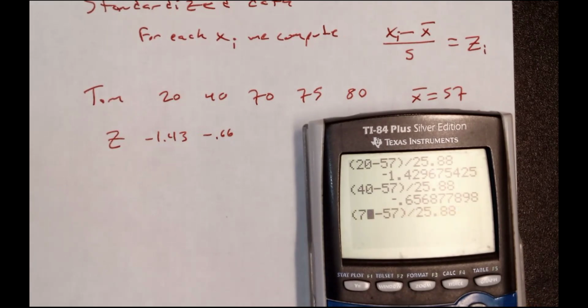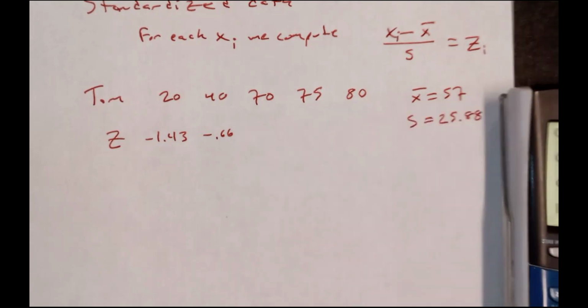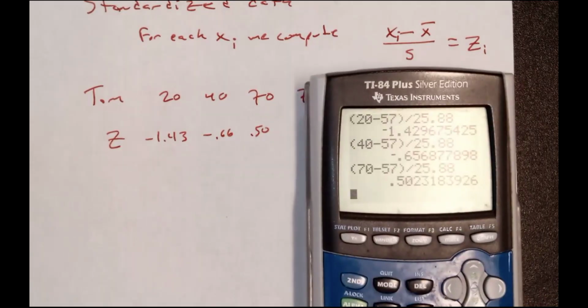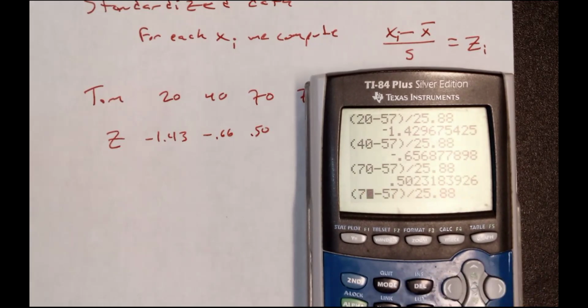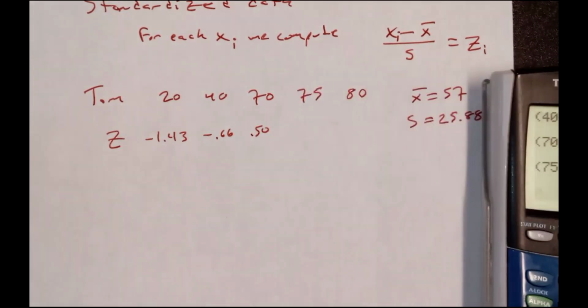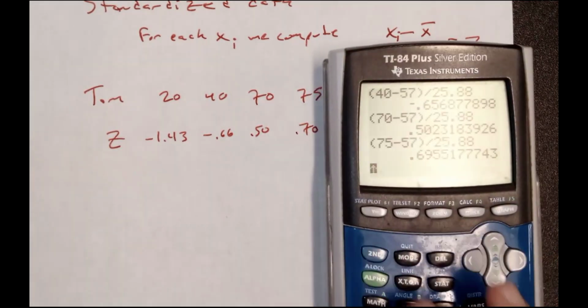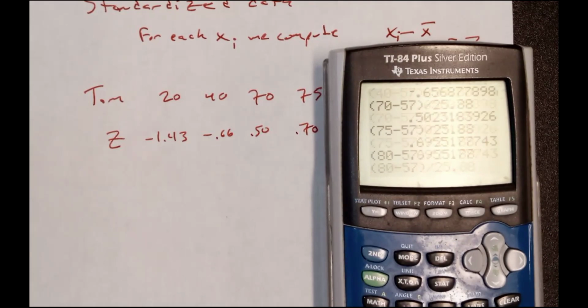I'm bigger than the average, so the numerator here is a positive number, 0.50, 75, 0.6, I'll call it 0.70 because it would round that way. And then 80. Point 89.